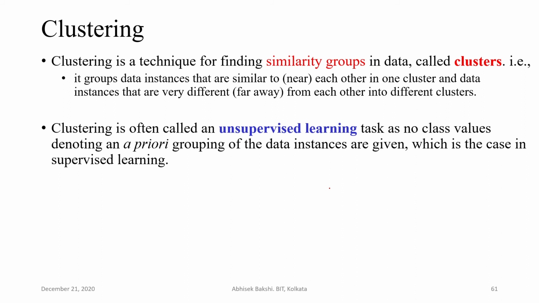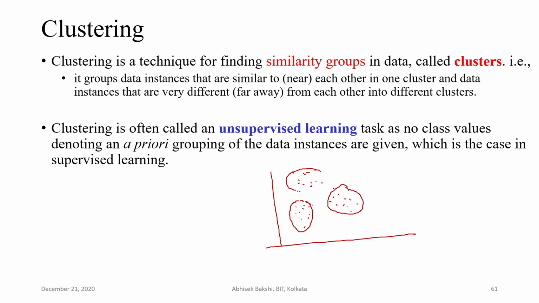I have a diagram for this later, but still I am telling you here that if we have a set of points here, another set of points here, and another set of points here, we can easily identify that there is a cluster in this part, a cluster in this part, and a cluster in this part.